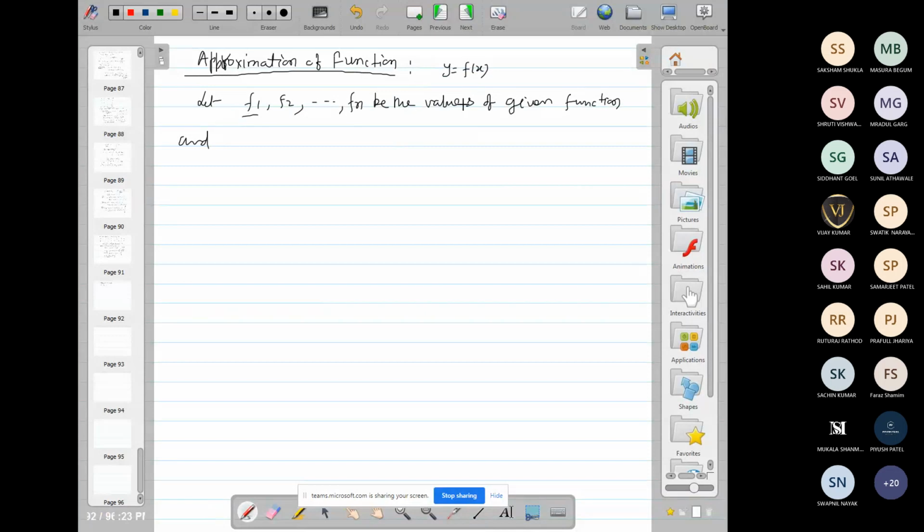These are the given values of the function f(x), and suppose phi 1, phi 2, up to phi n be the corresponding values of the approximating function.